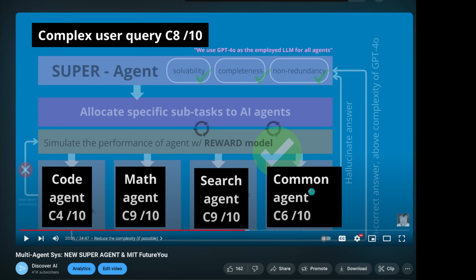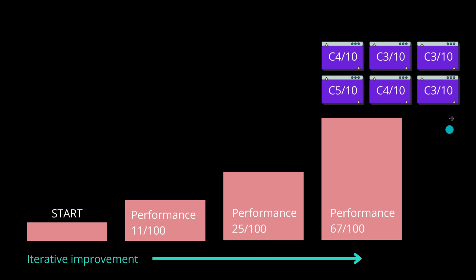Now, on the level of the agent complexity abstraction level, we had the same problem. If my code agent was a complexity level 4 out of 10 and the math agent had a complexity level 9 out of 10, in this video I showed you this new super agent. What is the task? To allocate your subtask given the complexity performance of our agent. And now you can do this on a code base also, if you do not have complete agents, but if you have code that works in your company.